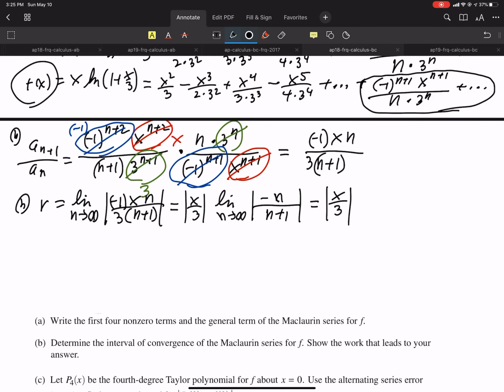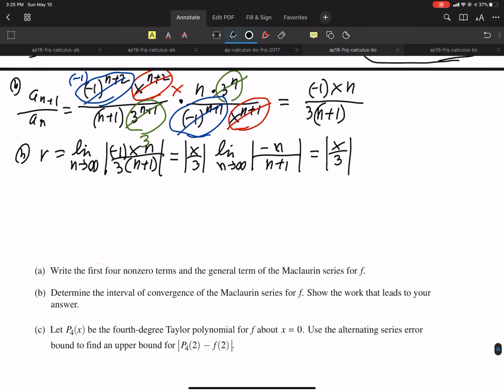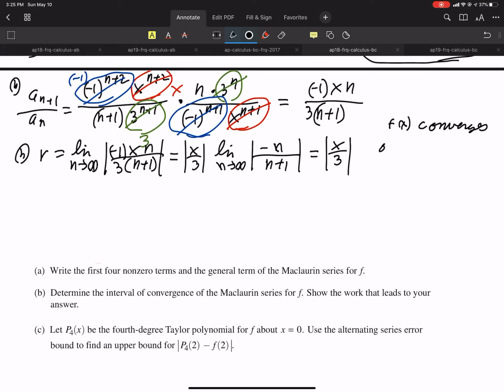So what does the ratio test say? If r, which we just found, is less than 3, it converges. So I will say the conclusion. F of x converges when the absolute value of x over 3 is less than 1.